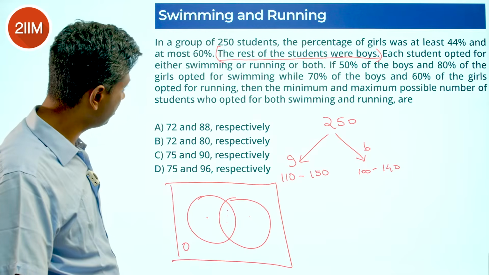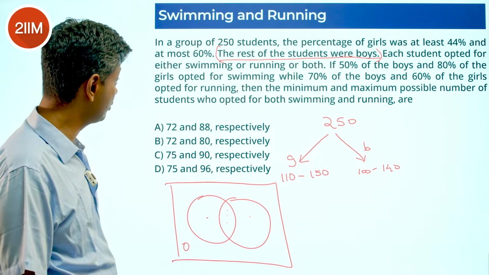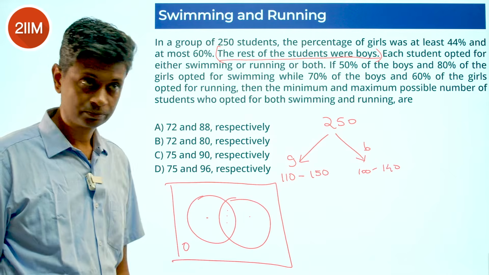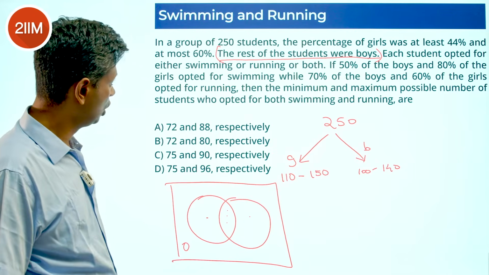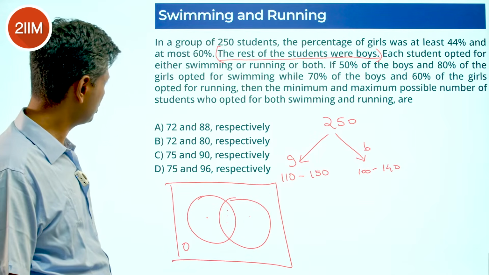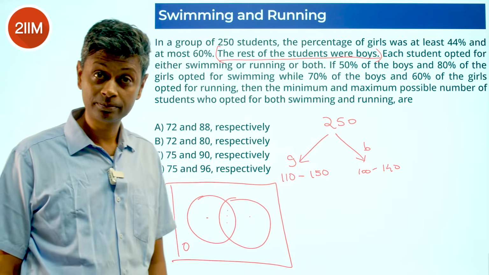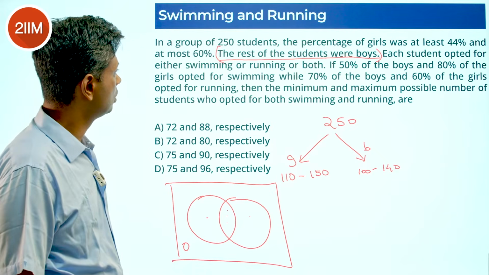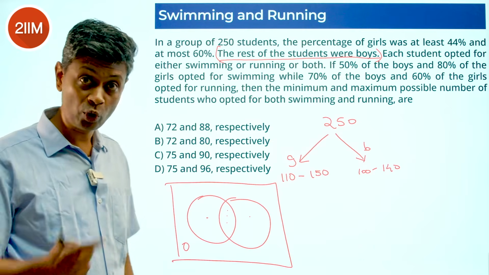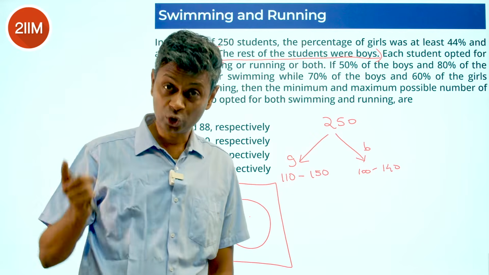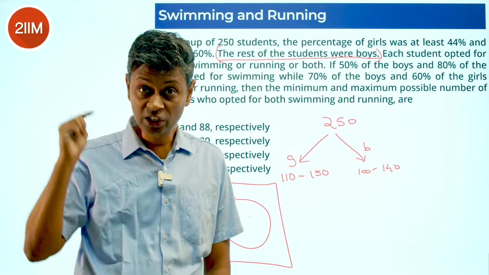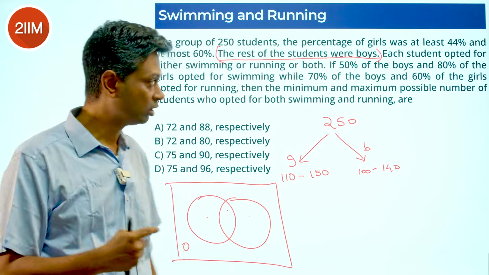These three should add up to 100%. 50% of the boys and 80% of the girls opted for swimming, while 70% of the boys and 60% of the girls opted for running. So all the boys must have been either swimming or running. All the girls must have been either swimming or running.